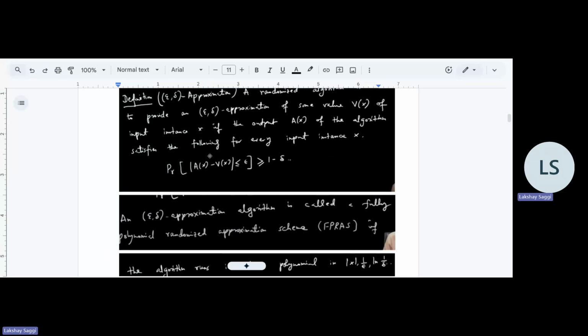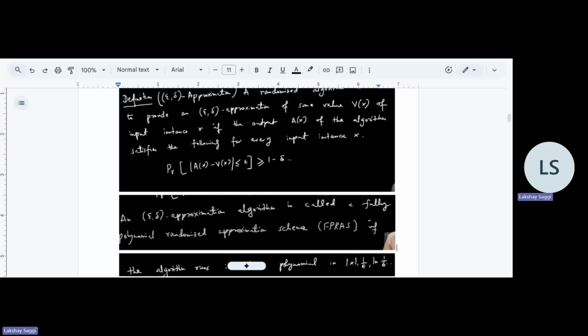We output the value A of x, and the target value is v of x. They are close if their difference is less than or equal to epsilon. We want our algorithm to be as close to the actual value as possible, so this should hold with very high probability, greater than or equal to 1 minus delta.